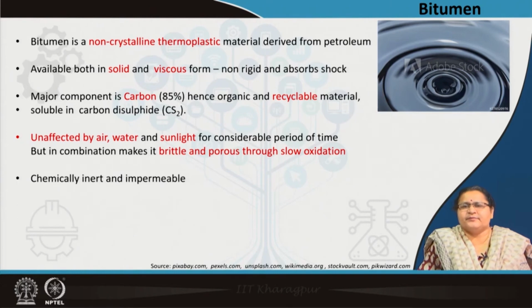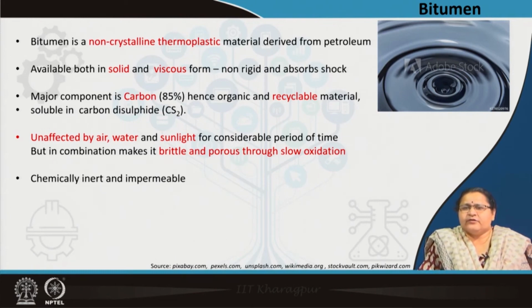What is this bituminous material? There are two types, one is bitumen and the other is tar. Tar is obtained from coal or wood. So, you can have coal tar or you can have wood tar. And bitumen may be naturally occurring or may be obtained from the petroleum industry.